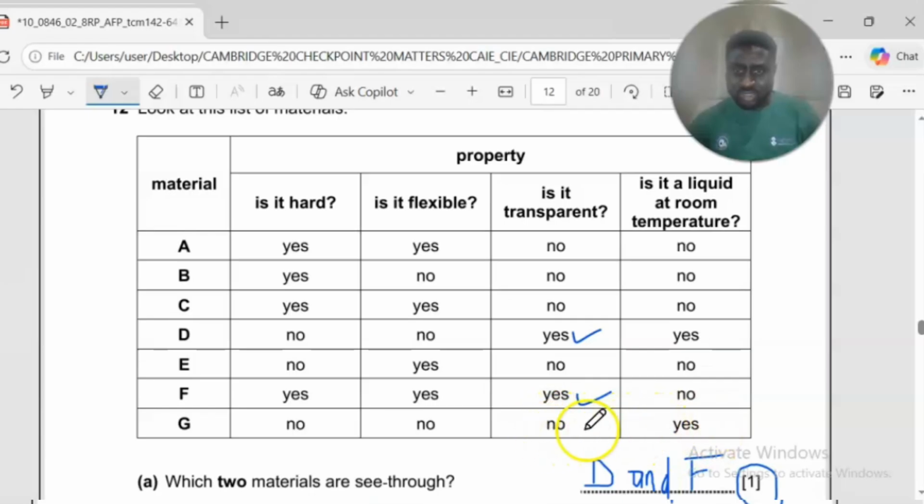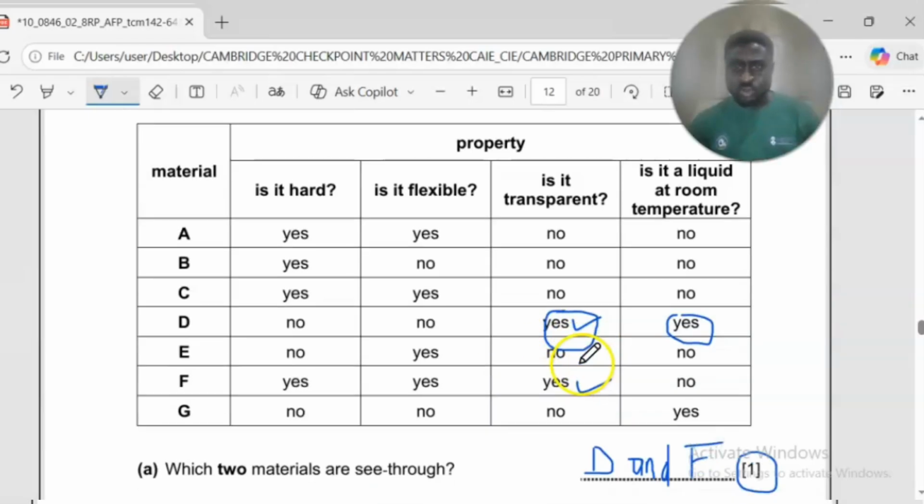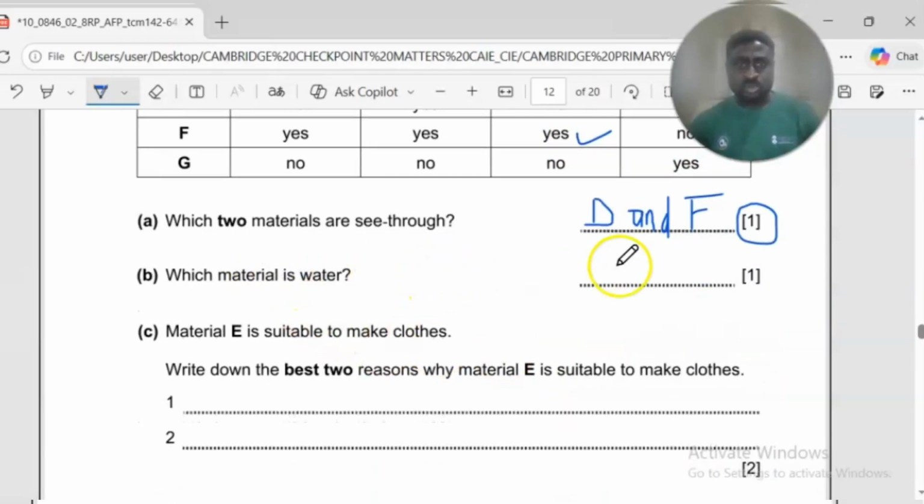Can you see the comparison? The material that is most probably water in this collection of materials is material D, because it is liquid at room temperature and at the same time it is transparent. Remember, one of the properties of water is that it is transparent, it is odorless, it is colorless, and so on and so forth. So you come to this B part and write material D.